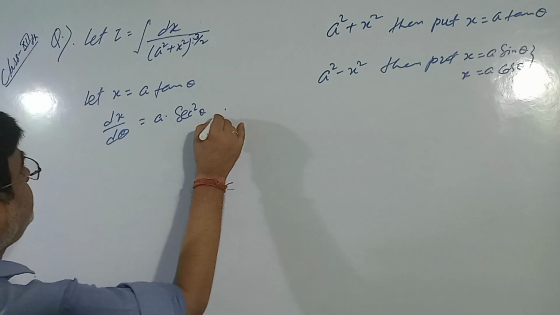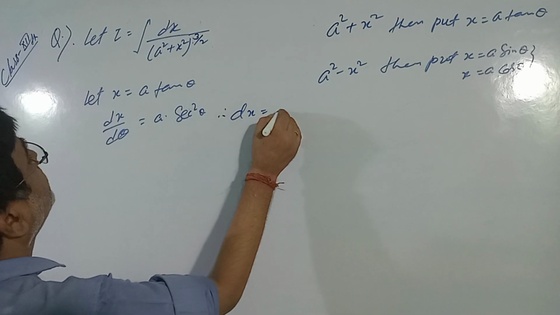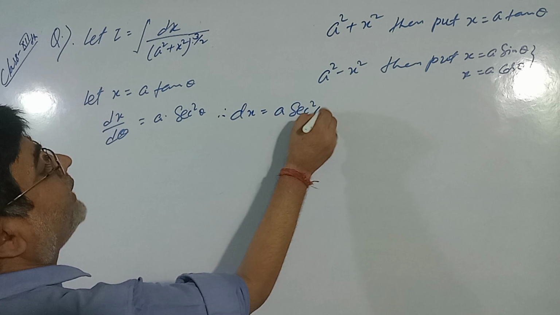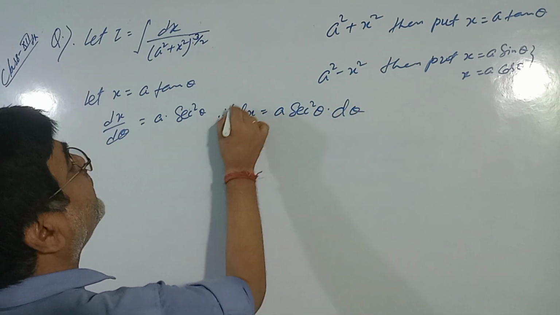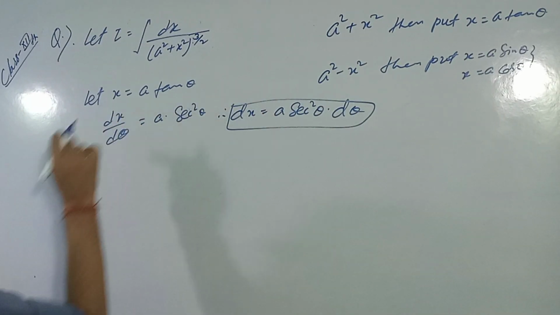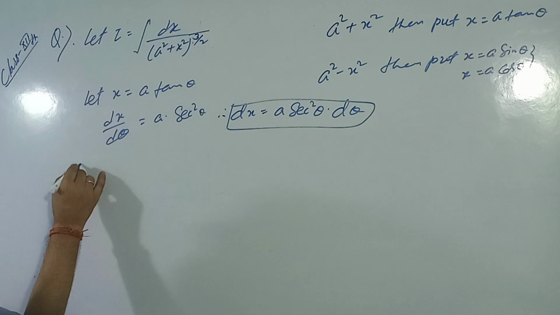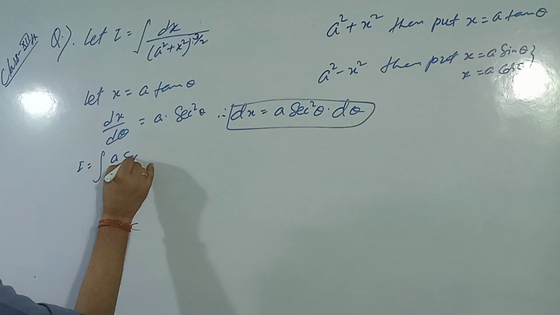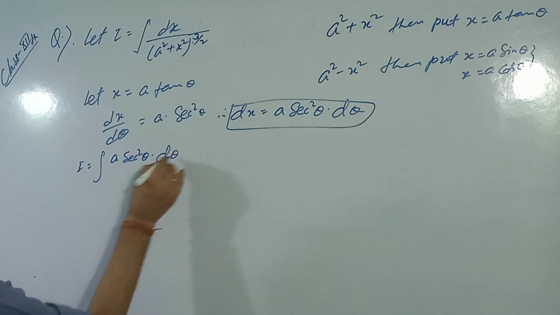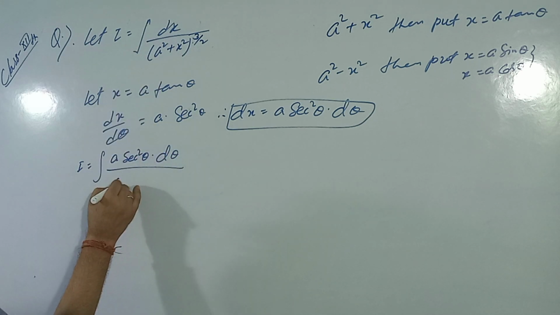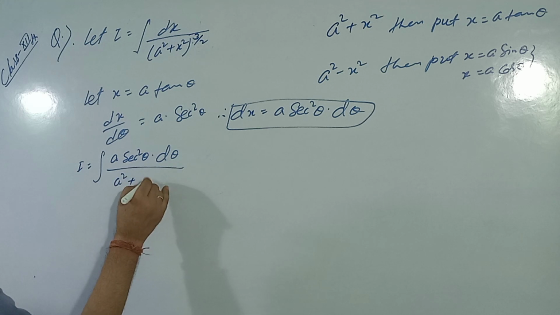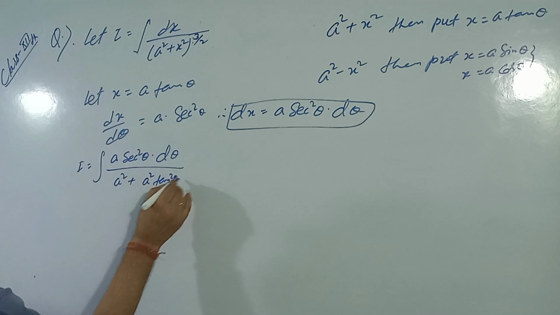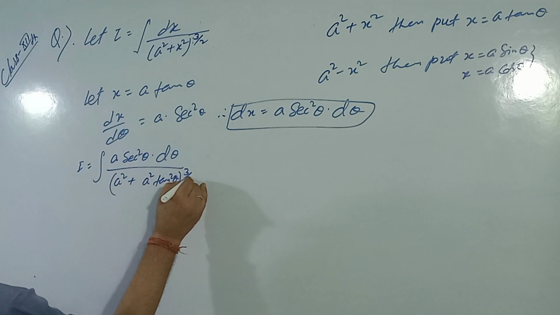So dx equals a sec square theta d theta. Putting the value in this question, I equals a sec square theta d theta over a squared plus a squared tan square theta whole to the power 3 by 2.